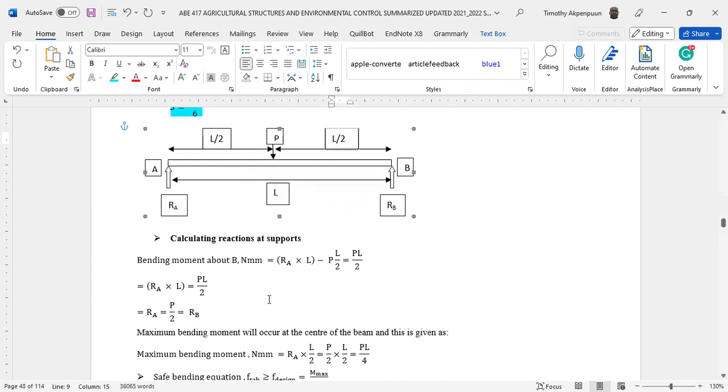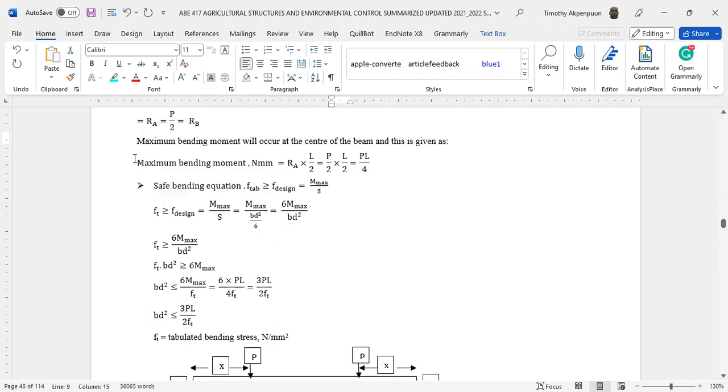Give a reason why you arrived at that: since P is acting at the center of the beam, reaction at A equals reaction at B. And since the length is divided by 2, that's the point load divided by 2, RA, RB. Simple.